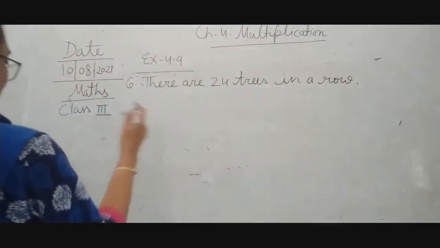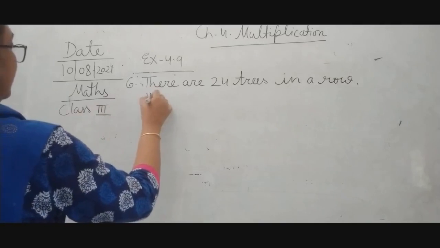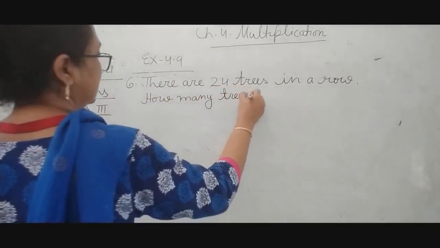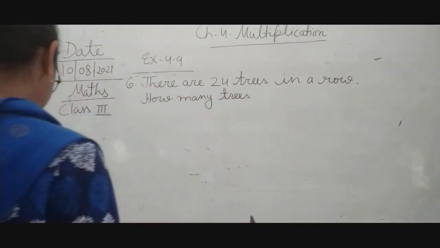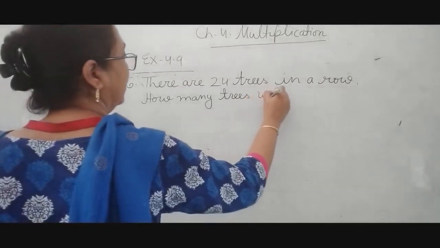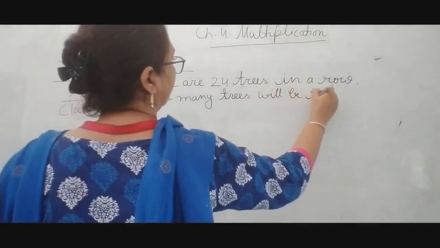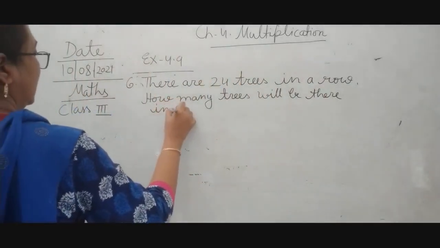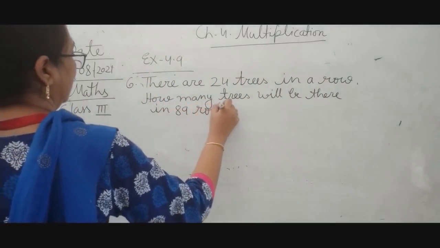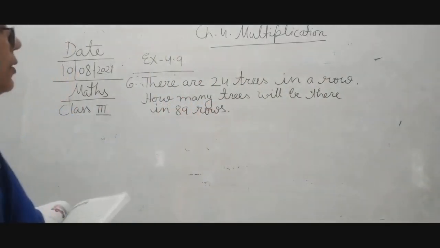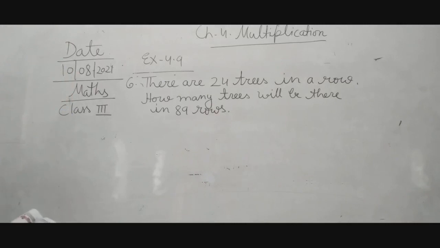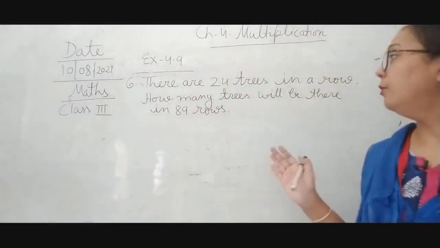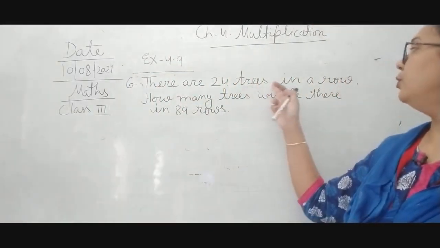Okay, how many trees will be there in 89 rows? Okay, so there are 24 trees in a row. How many trees will be there in 89 rows? This is the question. The strength of trees are already given. There are 24 trees in a row.